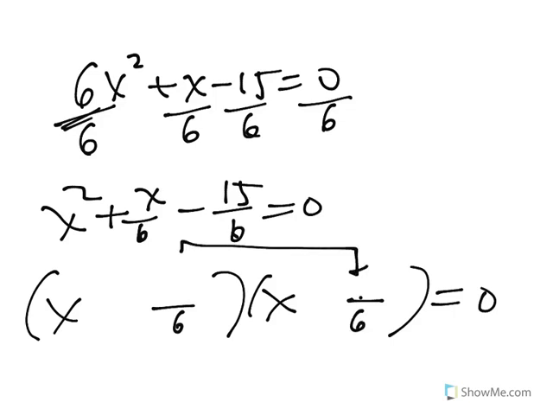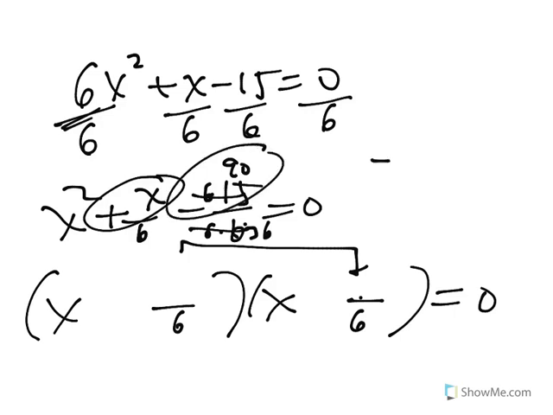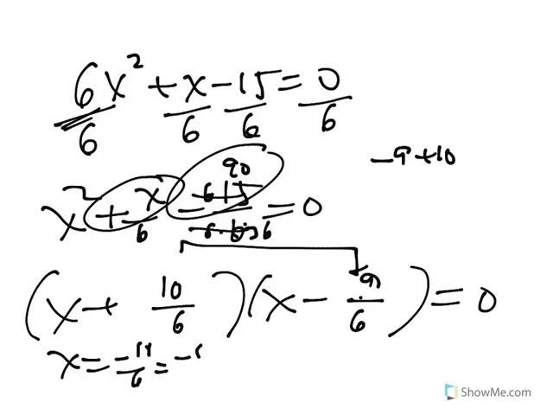So my trick is to multiply numerator and denominator by 6, and this becomes 90 over 36. And now, once again, we're looking for two numbers whose sum is positive 1 and whose product is negative 90, and it's negative 9 and 10. So this is minus 9, and this is plus 10. And we get x equals negative 10 over 6 equals negative 5/3, or x equals 9 over 6 equals 3 over 2.